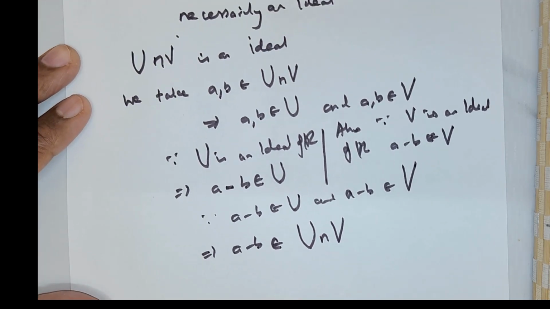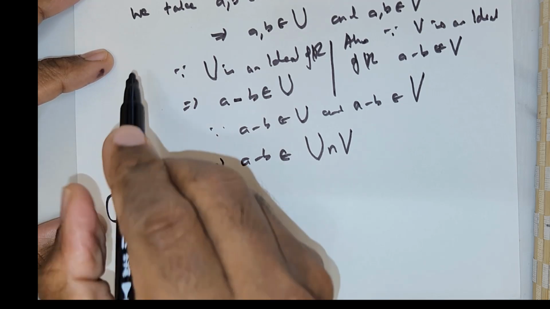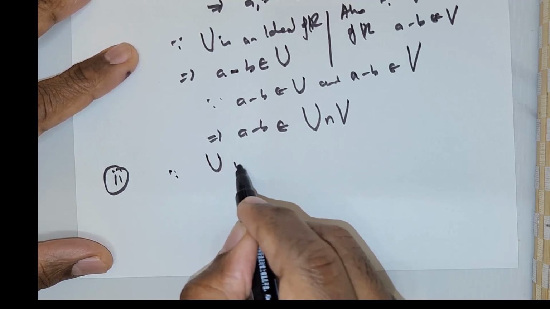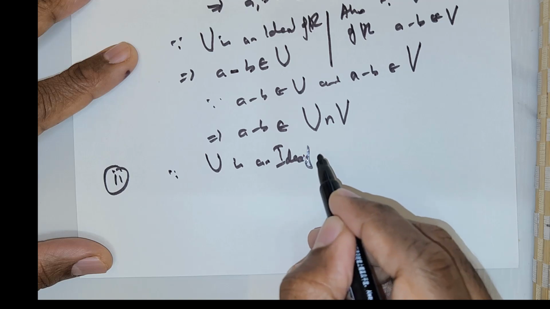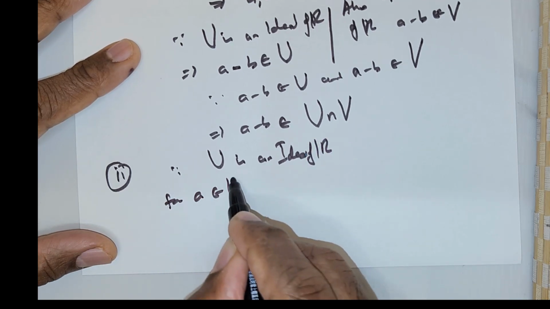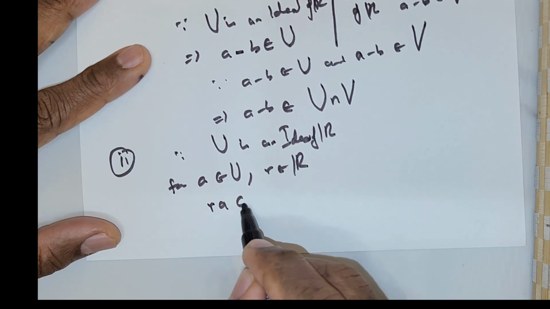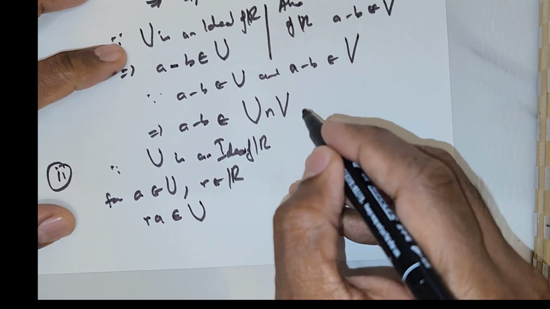So that is for property 1. Now this is property 2. We need to show its validity. Now since U is an ideal of R, for a element of U and r element of R, r times a is going to be an element of U, right?